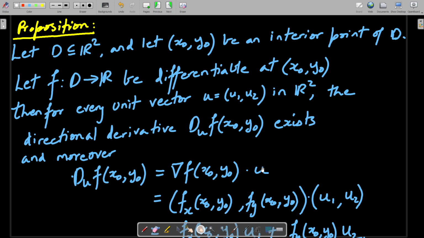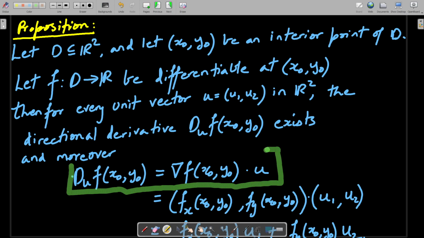Okay, so if a function is differentiable, then the directional derivative exists, and more importantly this property is satisfied. Try to recall that earlier on when we had done examples on directional derivatives, we had seen that some functions do not satisfy this particular property.